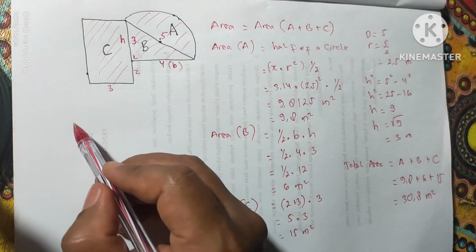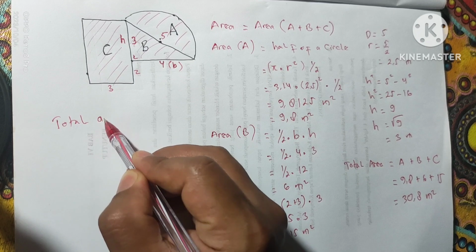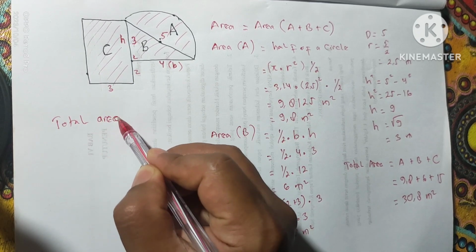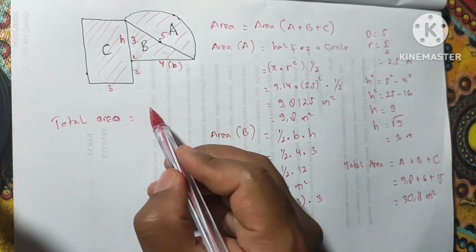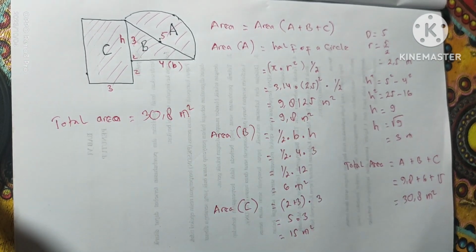So the total area of this picture is 30.8 square meters.